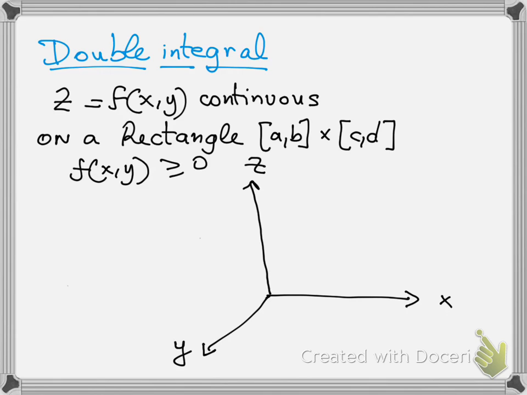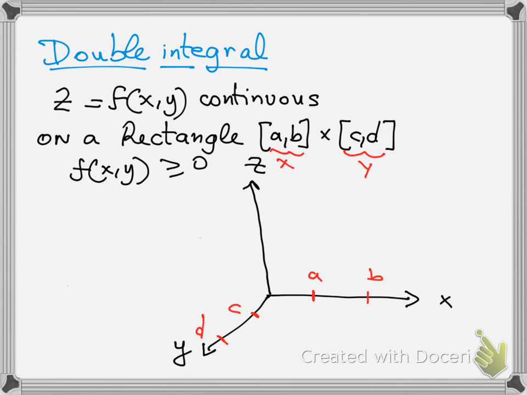So your x is between a and b. So here you have a and b, this is the interval for x. Now the interval for y, y would be between c and d. So let's say y here, this is c and this is d.